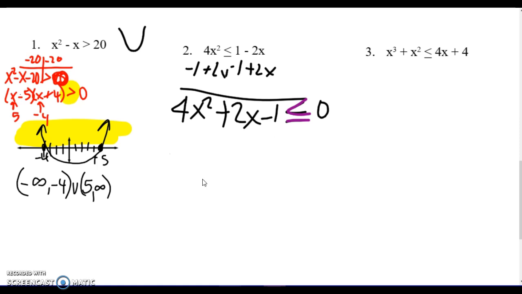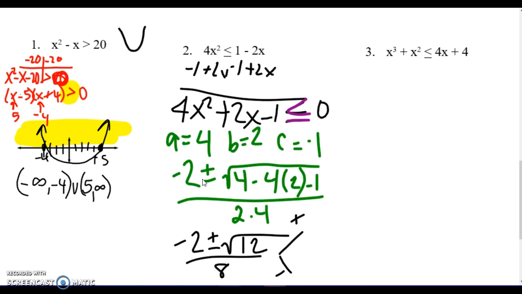Ugh. I guess I will sing a little song. X equals negative b plus or minus square root b squared minus 4ac all over 2a. Ready? Do it! Alright, so hopefully you paused and actually did it. So negative 2 plus or minus square root of 12 all over 8. So maybe you look at the square root of 12 and think 2 root 3, but really what I want is actual numbers.